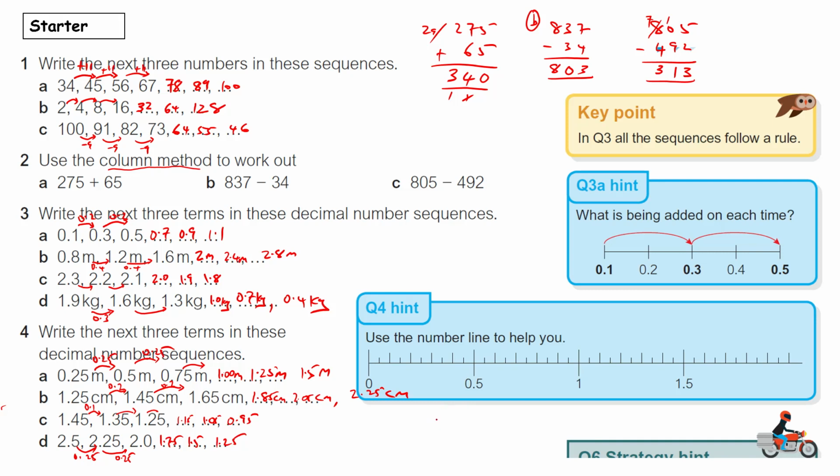Good. So you know what to do. Make your corrections and RAG rate. And once you're done with that, we're going to have a look at decimal addition and subtraction. So hit pause, correct, RAG, and then hit play again.